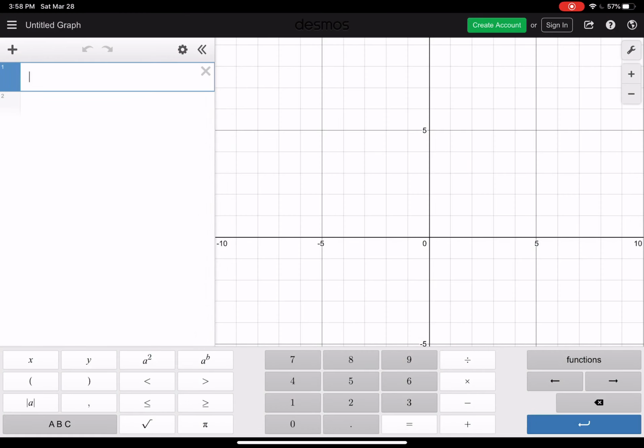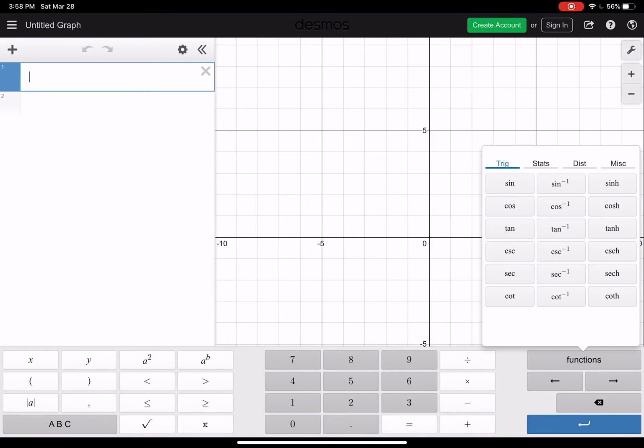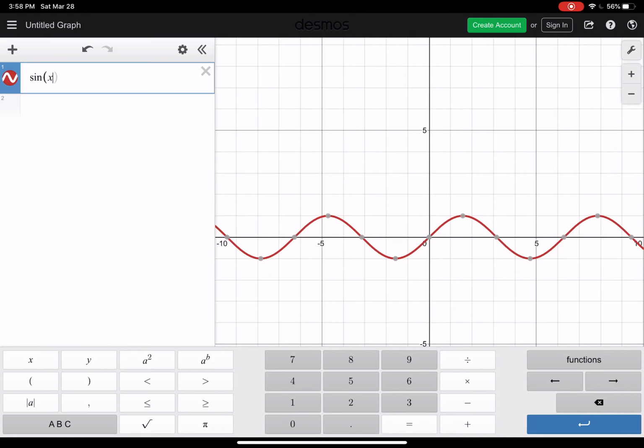So I'm going to pull up Desmos, and I'm just going to put in sine of x.